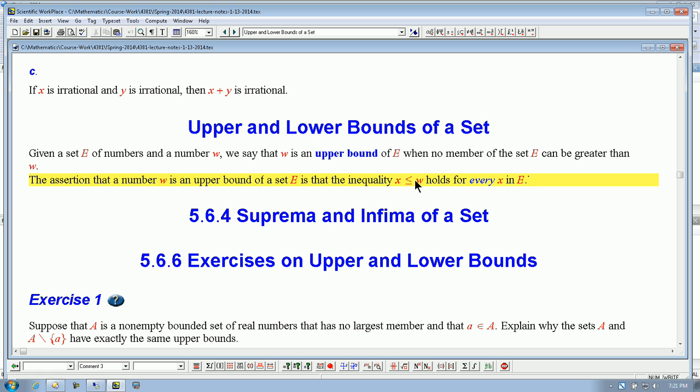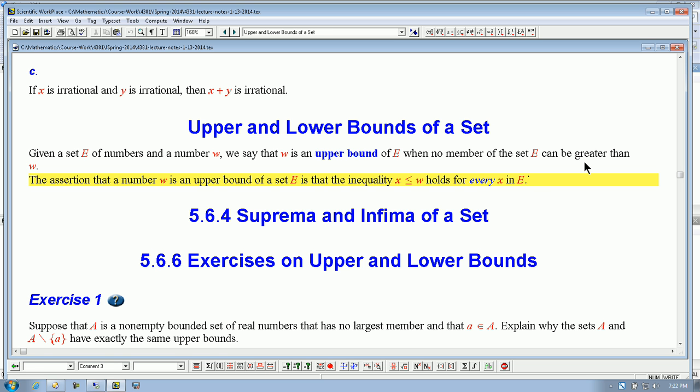The statement that no member of E can be found greater than W means that all the members of E have to be less than or equal to W. You understand? Less than or equals are permitted.